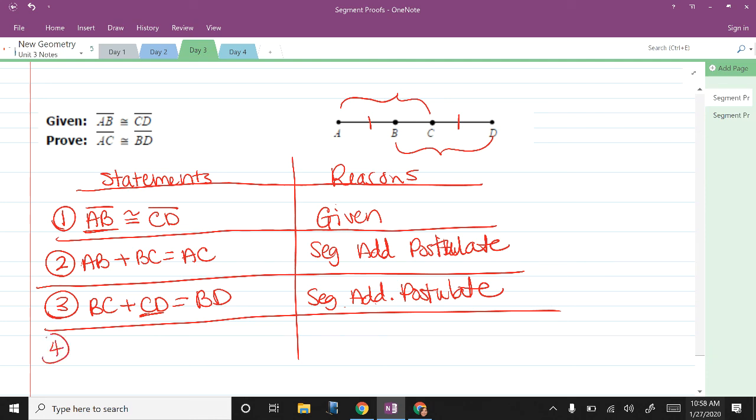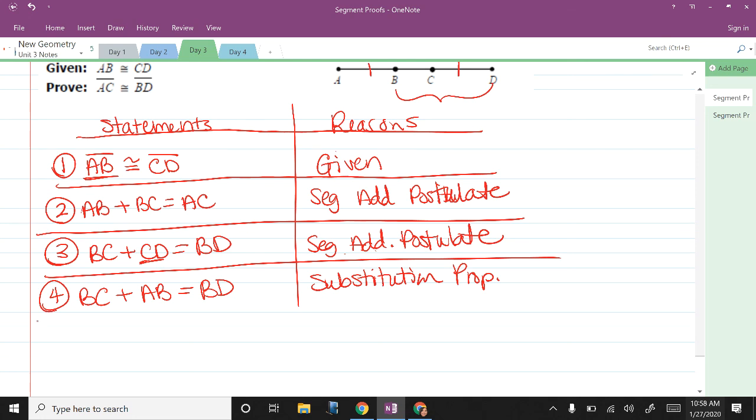So that's what I'm gonna do. I'm gonna say BC plus AB equals BD. Right? So where they had CD right there, I replaced it with AB because of that. And so I use substitution. My handwriting is beautiful today. Anybody else feeling me? All right.